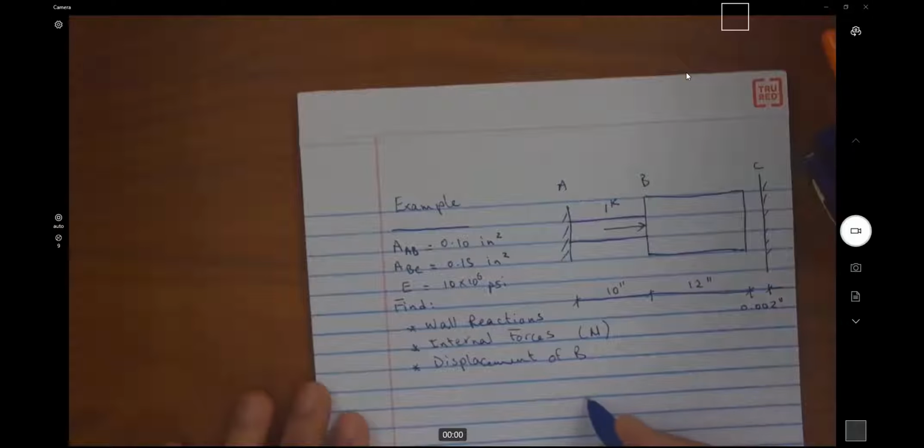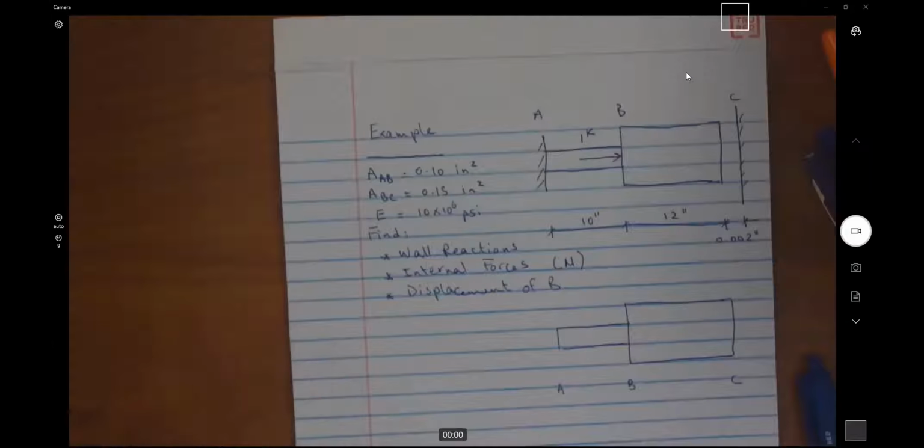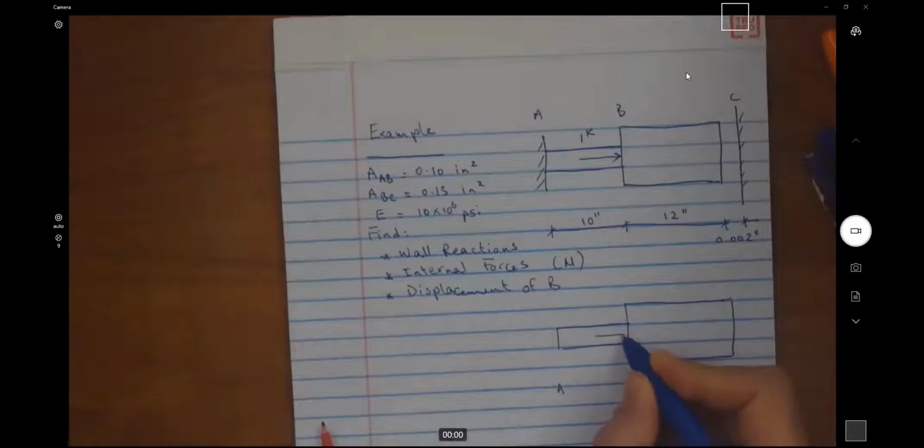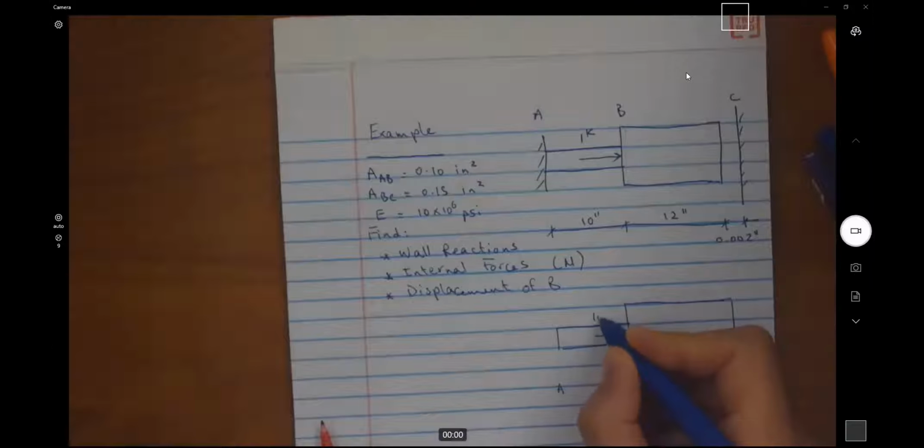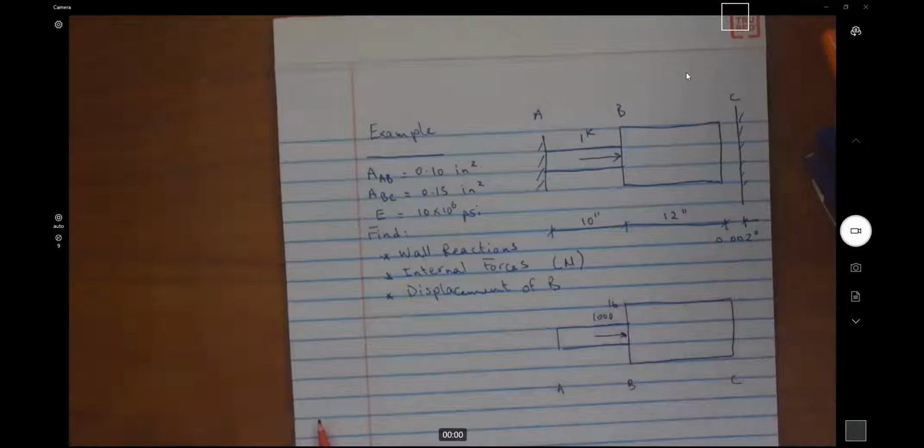So if I look at a free body diagram, A, B, and C, I would say for sure that as a result of this 1K or 1,000 pounds applied at B, I do expect a reaction here, RA.